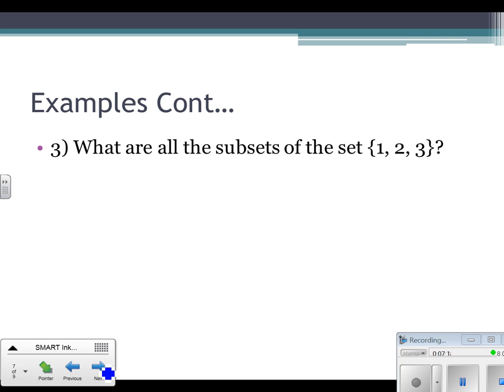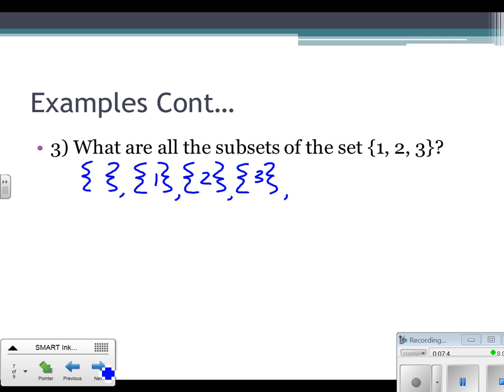What are all the subsets of the set 1, 2, and 3? So what can we have out of 1, 2, and 3? We could start with a null set, which is just an empty set. You could have 1 as a subset, 2, 3.